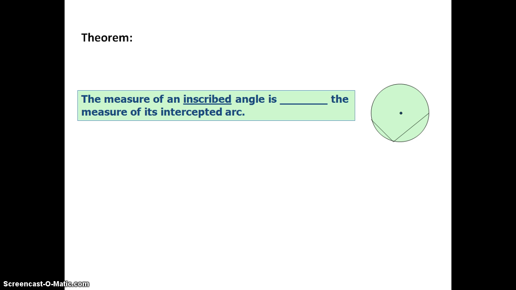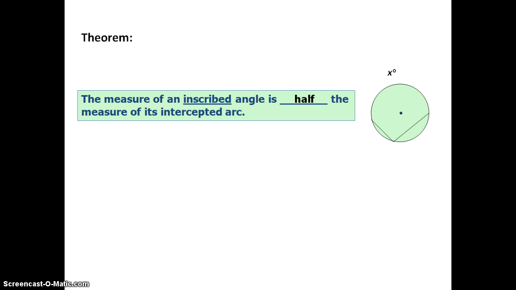So, the types of angles we've learned about so far are central angles and inscribed angles. A central angle has its vertex at the center of the circle, and a central angle is always equal to its arc. Well, the measure of an inscribed angle is going to be half the measure of its intercepted arc.